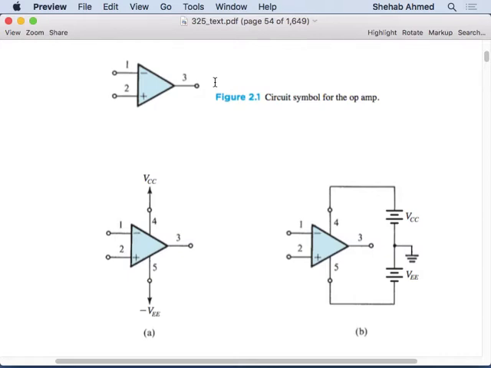But minimum, you have 3 terminals and 2 power supply terminals. Some chips you buy, an IC semiconductor, have for example 4 op-amps inside it. This chip will have 3 legs for each op-amp, and then a power supply terminal plus and minus for the whole chip.